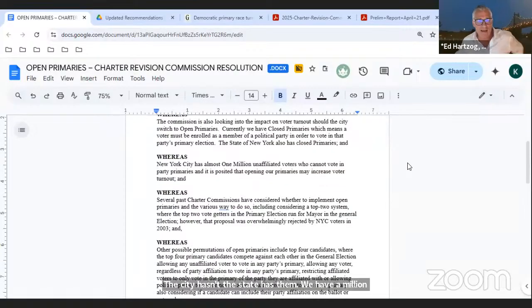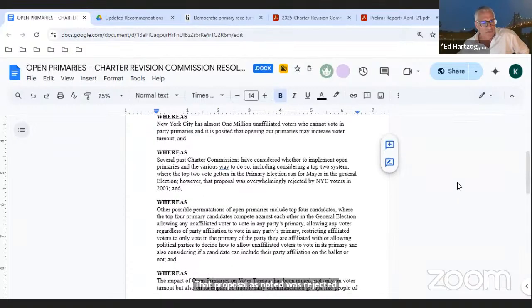Past charter commissions have considered this and various ways to do it, including, as I alluded to, a top two system where the top two vote getters in the primary run for mayor in the general. That proposal, as noted, was rejected in 2003 by the voters. Other permutations include a top four candidate system where the top four would compete against each other in the general.